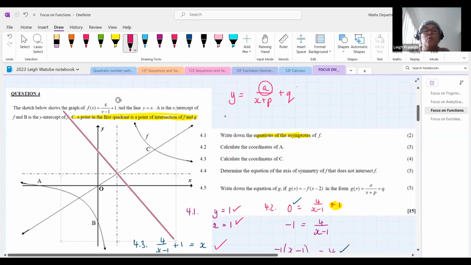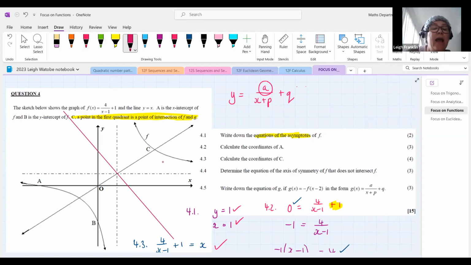So if I draw this one on in purple, this will be the one that does not intersect. The one that does intersect would have a positive gradient, and it would also go through this point over here in the center. By the way, the coordinates at this point would be 1 and 1.